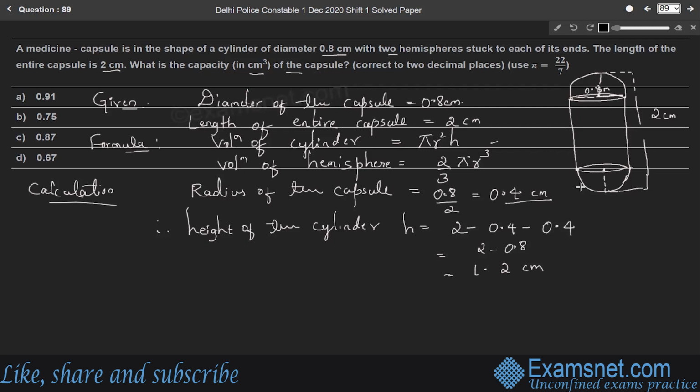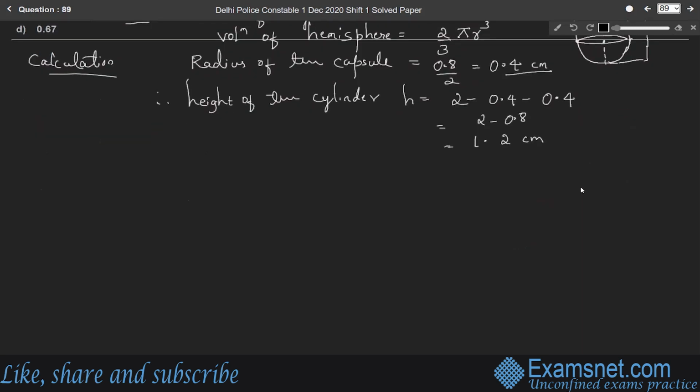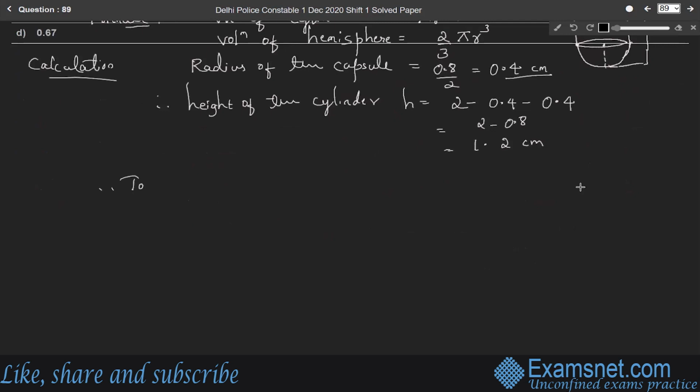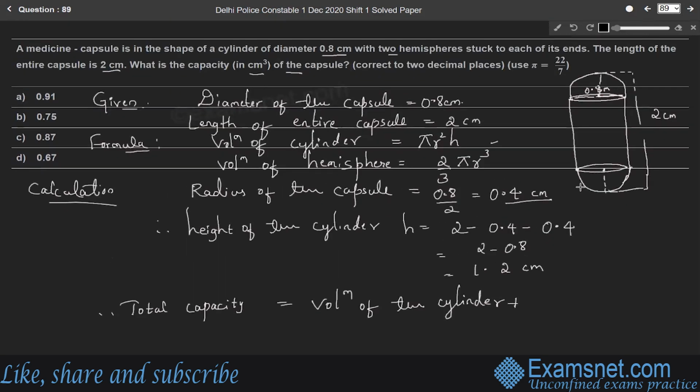So therefore the total capacity of the capsule, including the hemispheres, is equal to the volume of the cylinder plus 2 times the volume of a hemisphere, upper hemisphere and lower hemisphere.